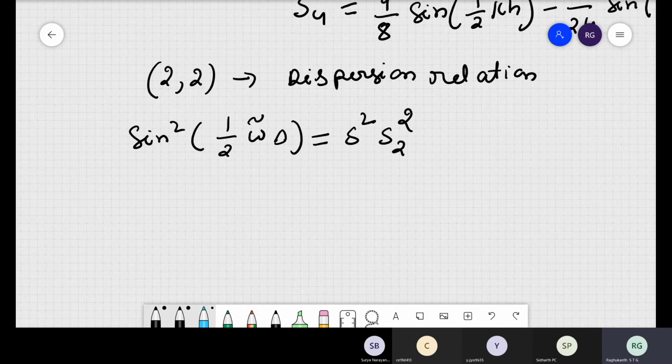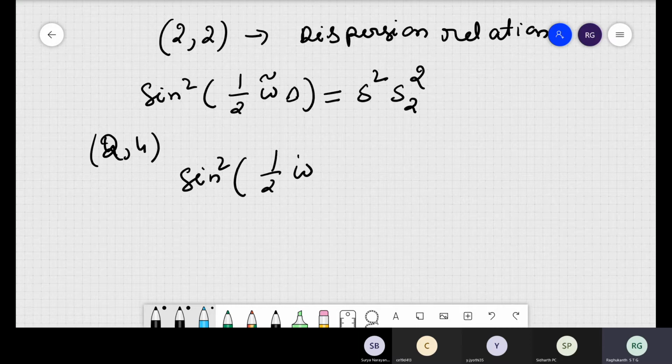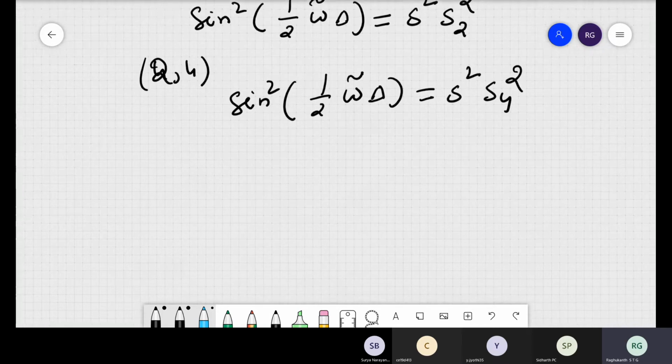Similarly for the 2,4 scheme, sine square half omega hat into delta equals s square into s4 square. These are the dispersion relations for a variety of schemes.